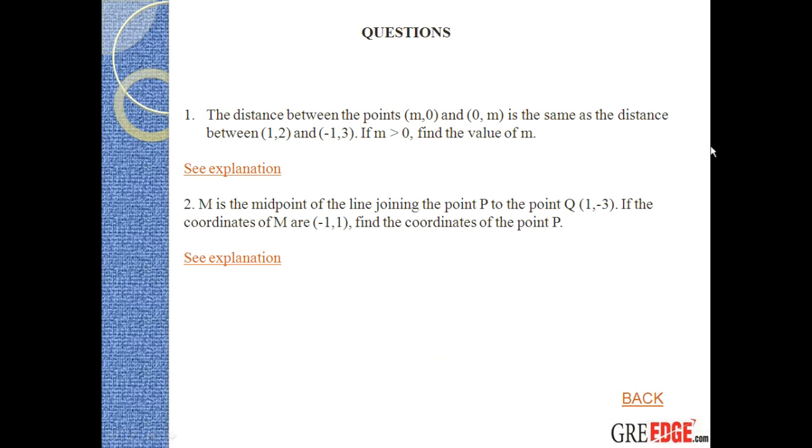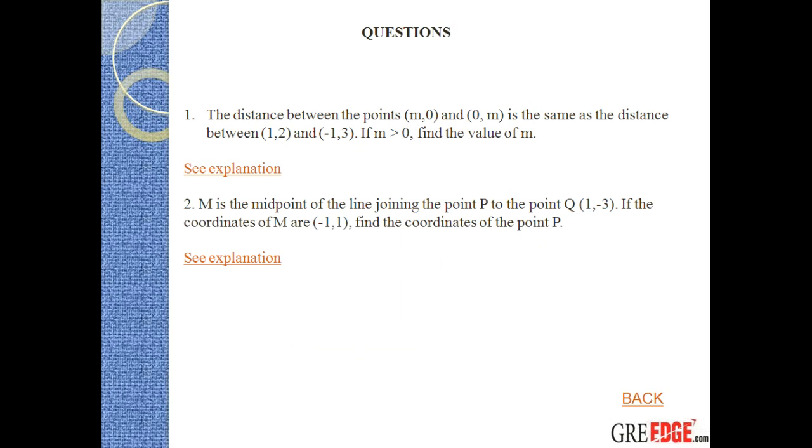So the first question: the distance between the points M, 0 and 0, M is the same as the distance between 1, 2 and minus 1, 3. If M were greater than 0, find the value of M. When the question is given, first see what all data is given.